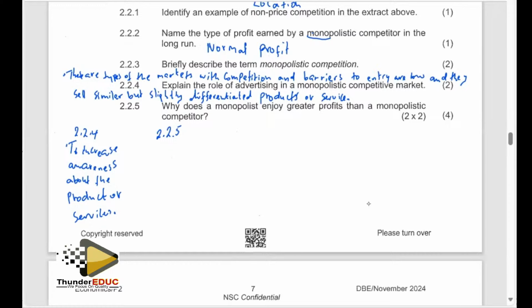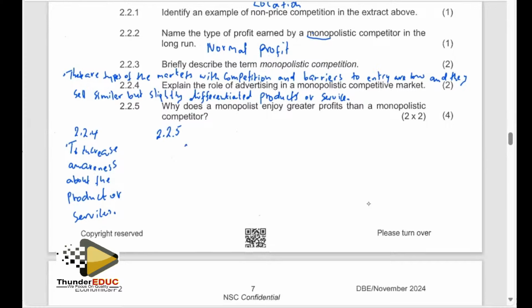That is why even in the long run they are able to make economic profit, both short run and long run, because they are alone in the market. Unlike monopolistic competitors, where in the long run there will be many in the market, so they end up generating normal profit. We are saying that entry for new businesses is blocked for monopoly businesses. Also, there's no competition in a monopoly market.